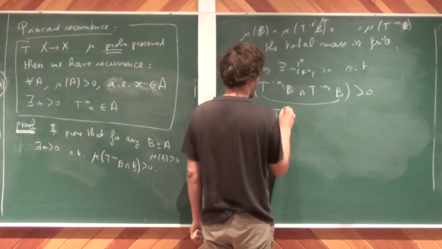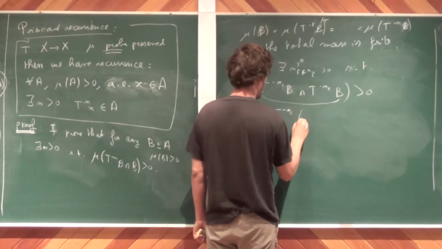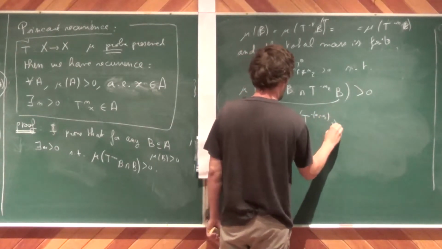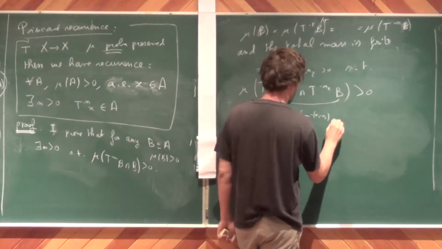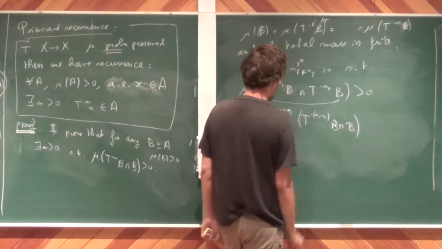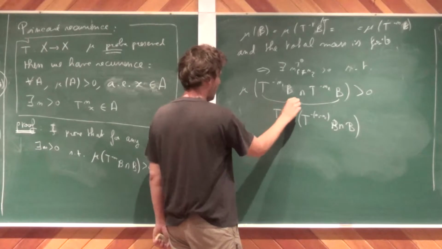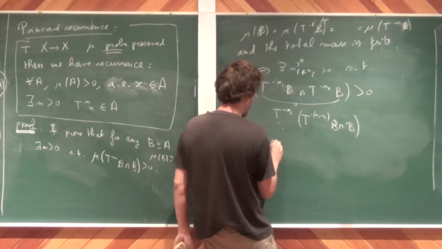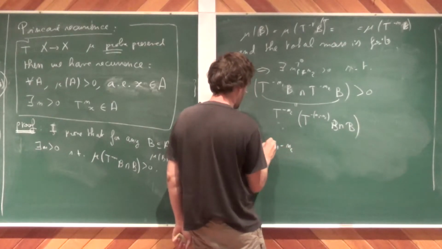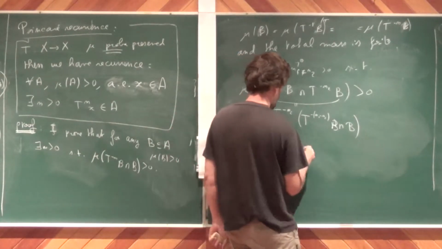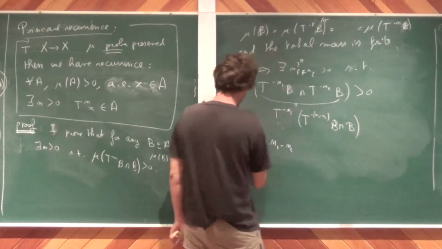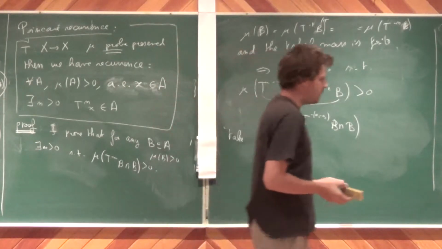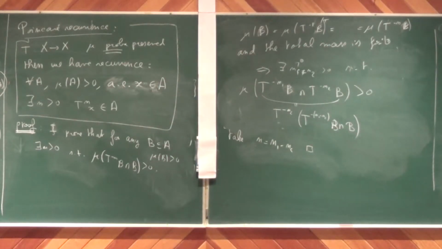So you rewrite it as T^{-n2}(T^{-(n1-n2)}(A)) intersected with B. Because this preserves the measure, this is also the measure of this. Then for time n1 minus n2, you go back. So in finite measure, if you preserve a finite measure, you automatically have recurrence.